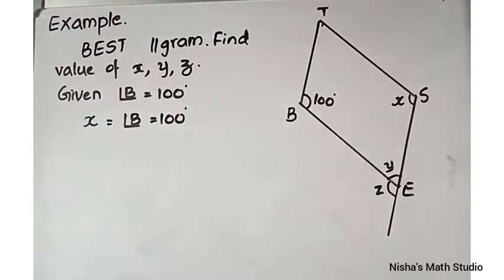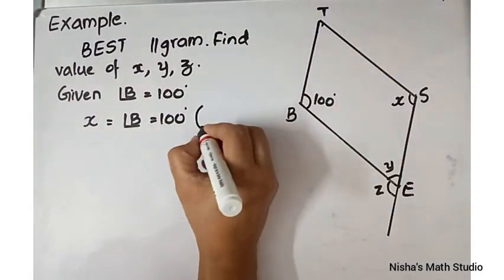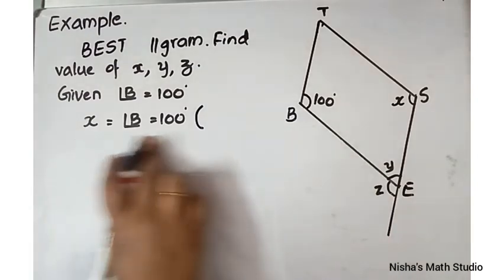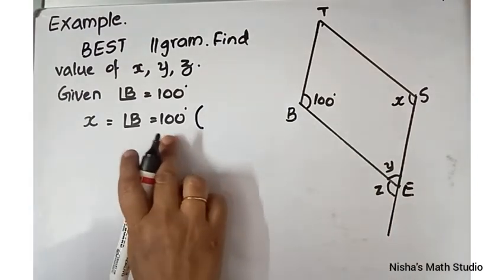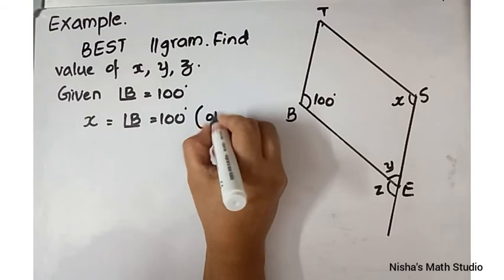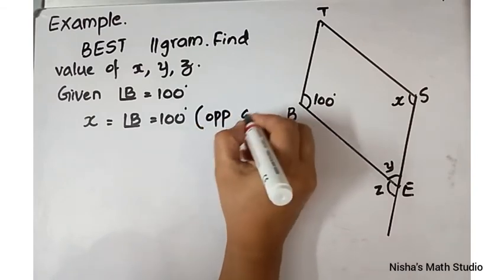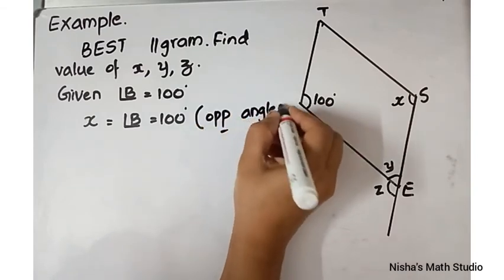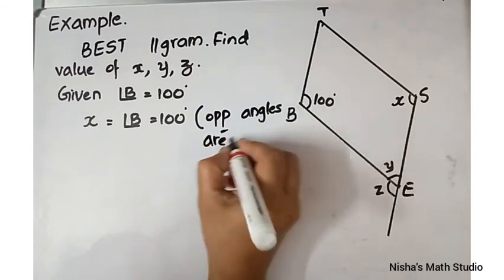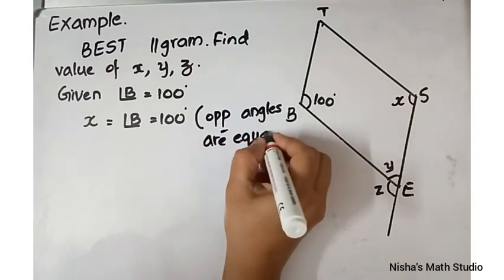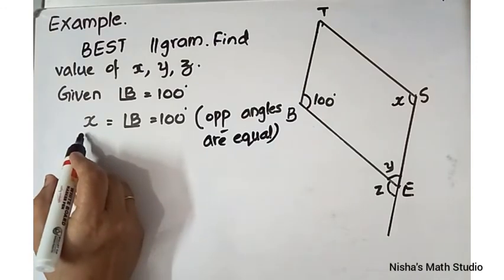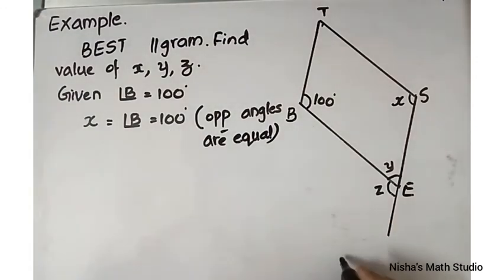Whenever you try such a question, inside the bracket you should write which property you are using. It is opposite angles are equal. That is the reason why I got the X value as 100 degrees. So X I have solved.